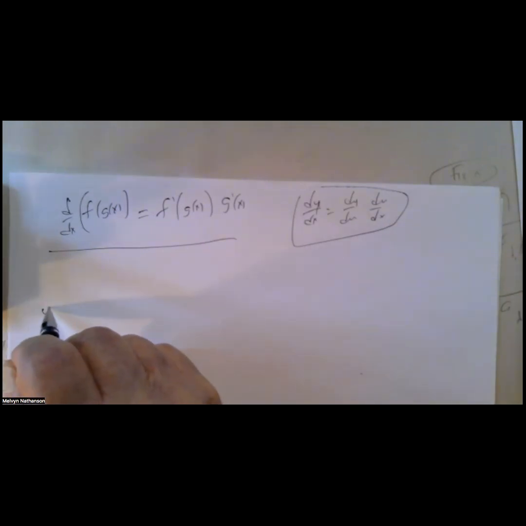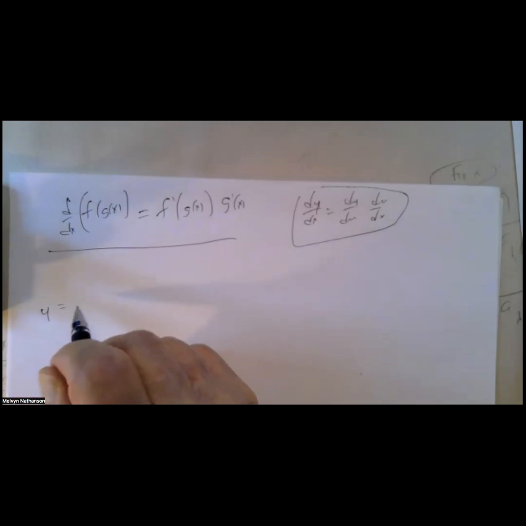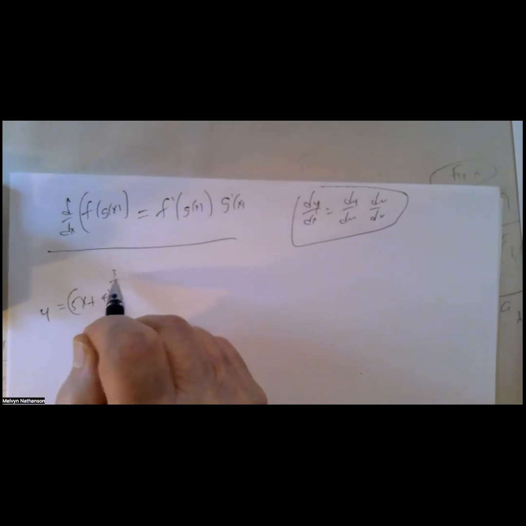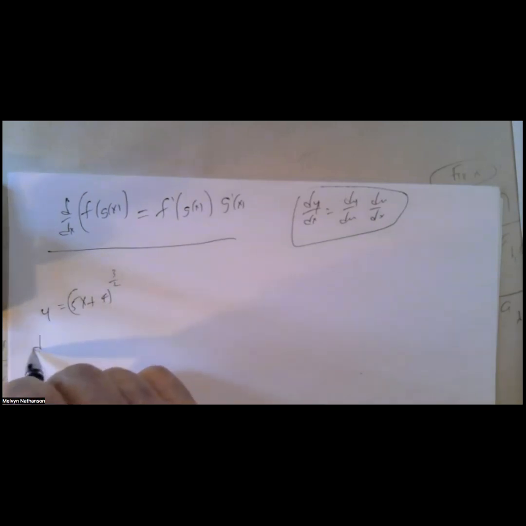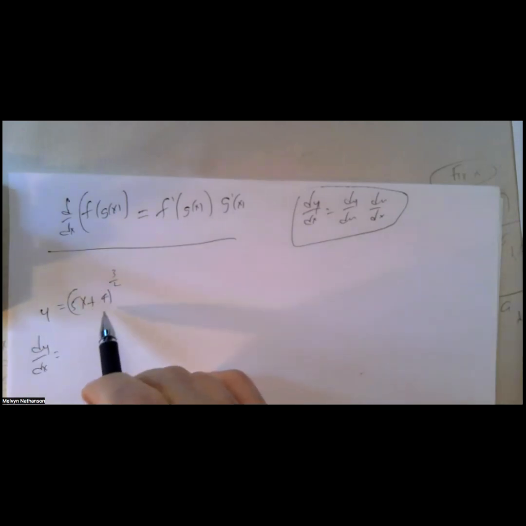So suppose we have y equal to 5x plus 4 to the 3 halves, and we want to find dy dx. You have to look at this and see whether this is the composite of two functions that are easy to differentiate.